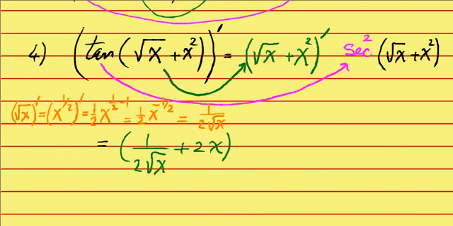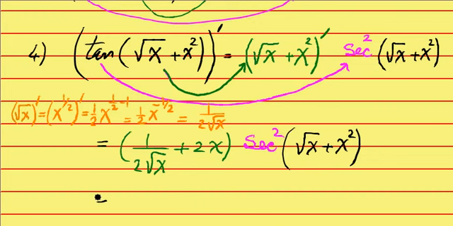And then we have whatever else, secant square of whatever we had first time around. Now let's make sure we understand what secant square means. It doesn't mean you're squaring this.